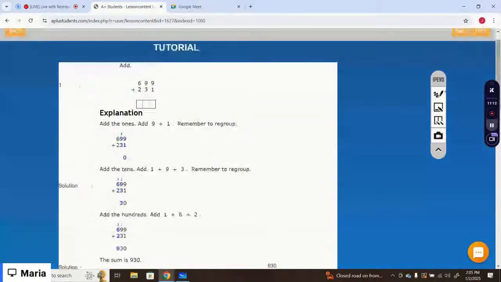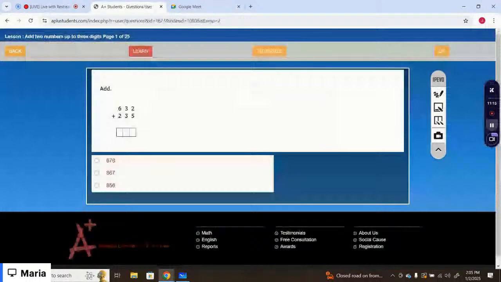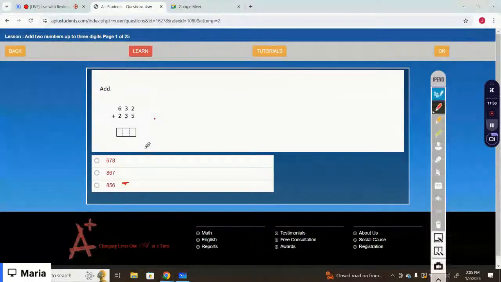Let's start with the test questions. 632 plus 235. Start adding from the ones digit.